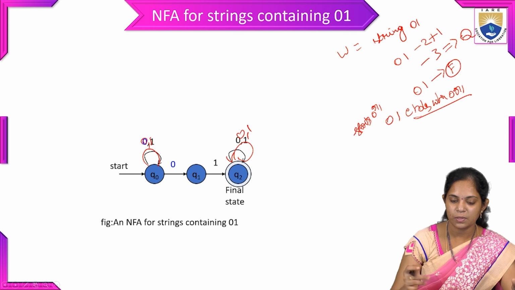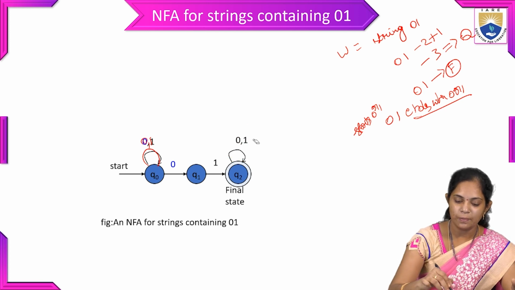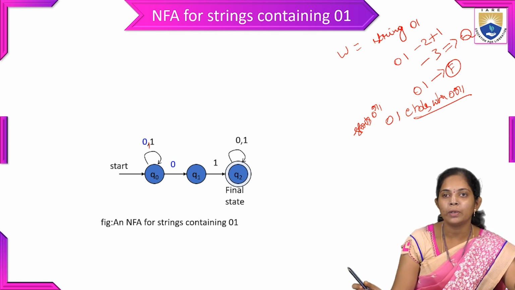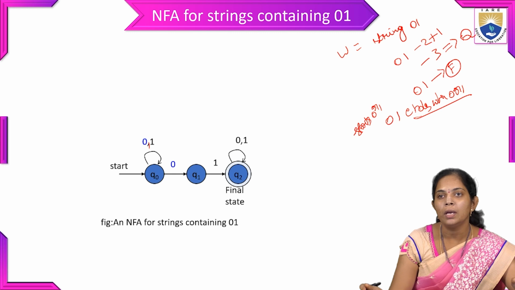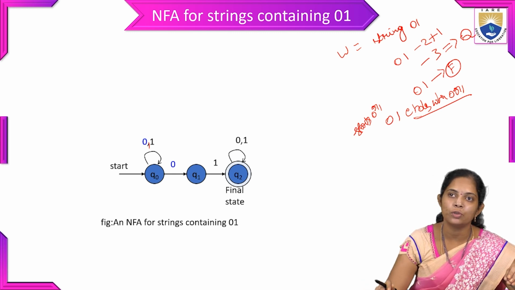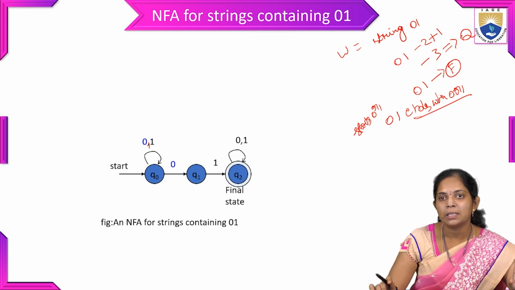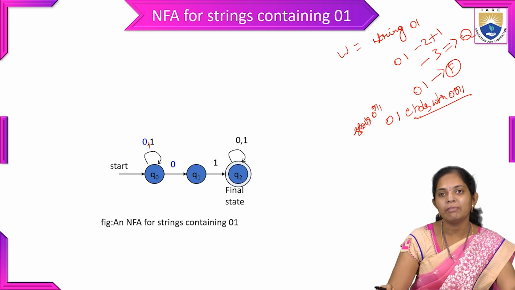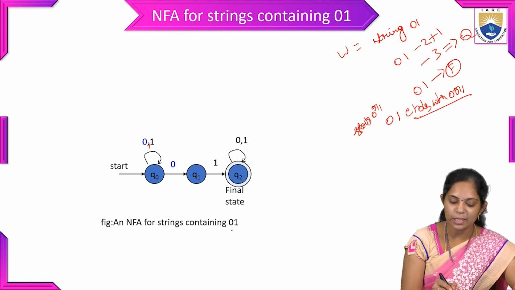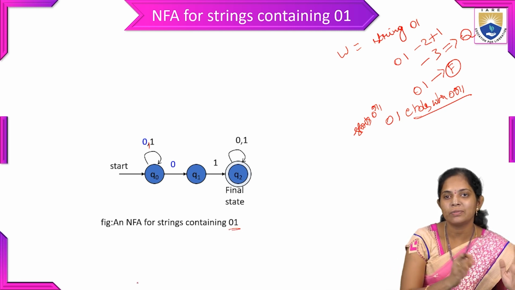That is the final state. So there is no limitation: the starting state should have 0 comma 1 and the ending state should have 0 comma 1. Like this we construct an NFA for the given input string, where the string contains only 0 and 1 with no limitation on starting and ending.